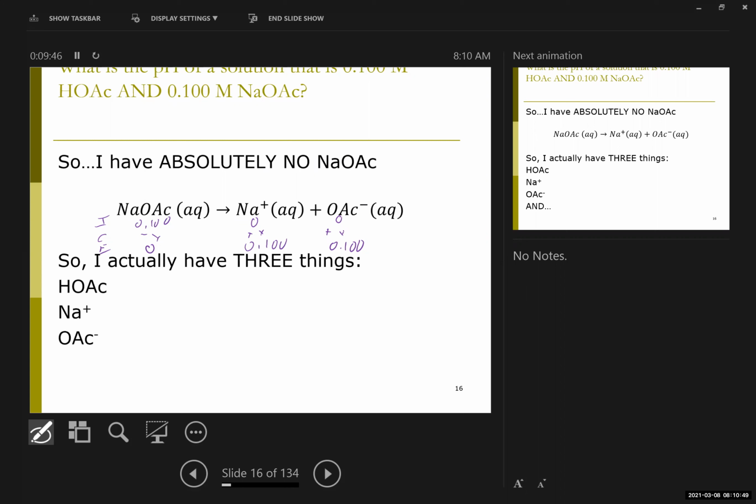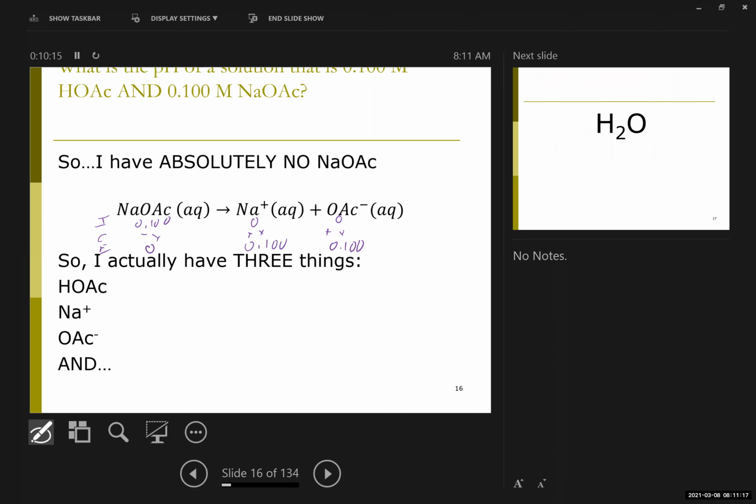And so, at least temporarily, it seems like my problem got worse. I had two things, which the student side of me was saying react together. I now have three things, which the student side of you is probably still saying react them all together. Except that sort of brings me ultimately to one of my other sayings. But before I get to my other saying, I actually have a fourth thing in my beaker, which is water.